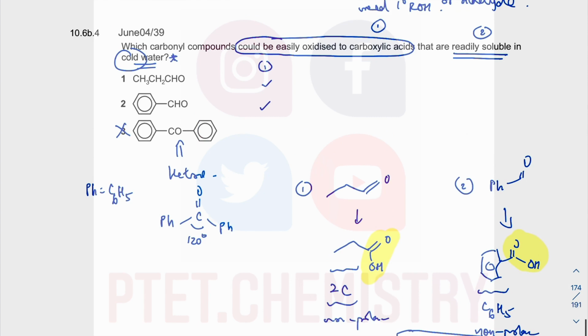Does not like water. This bit doesn't like water much more than this. This is bigger than this. 6 carbon, 2 carbon. This is not readily soluble in cold water. That's why I can cross out 2. Only 1 is okay because of the short chain hydrocarbon. So that's option D. Alright.